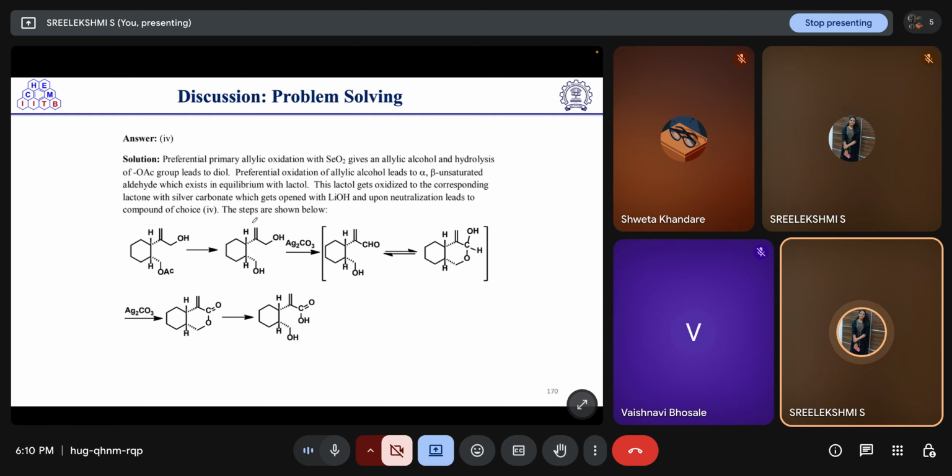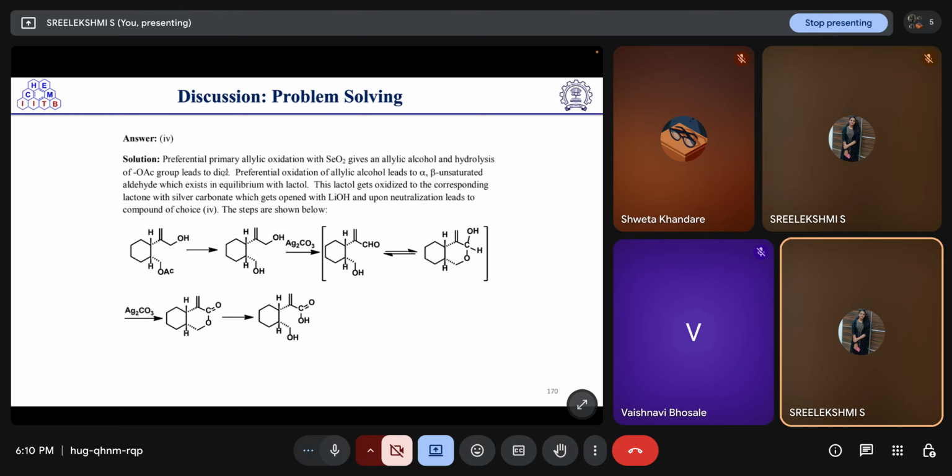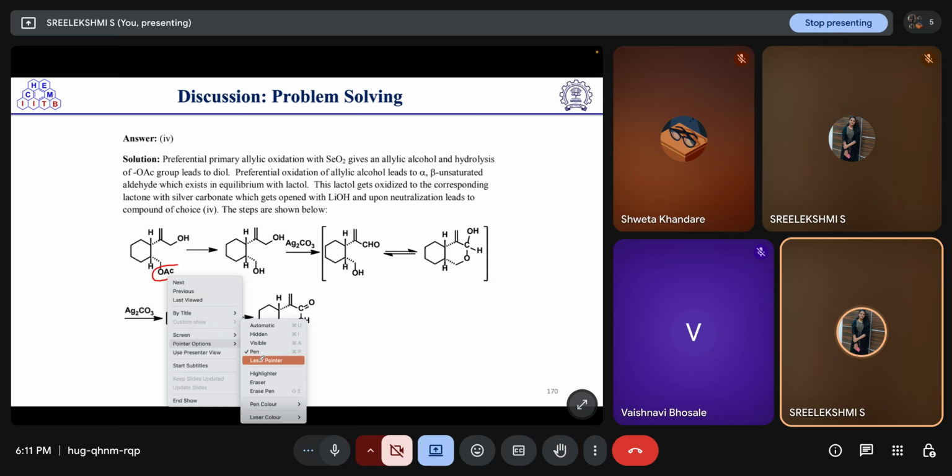Okay, so here what will happen? Firstly, with this selenium dioxide, the hydrolysis of this acetate group is not with the selenium dioxide.